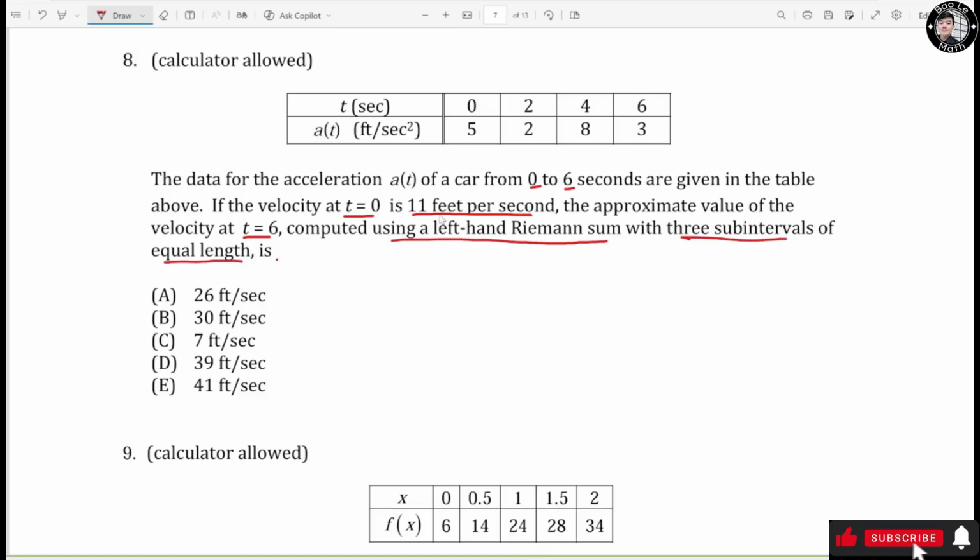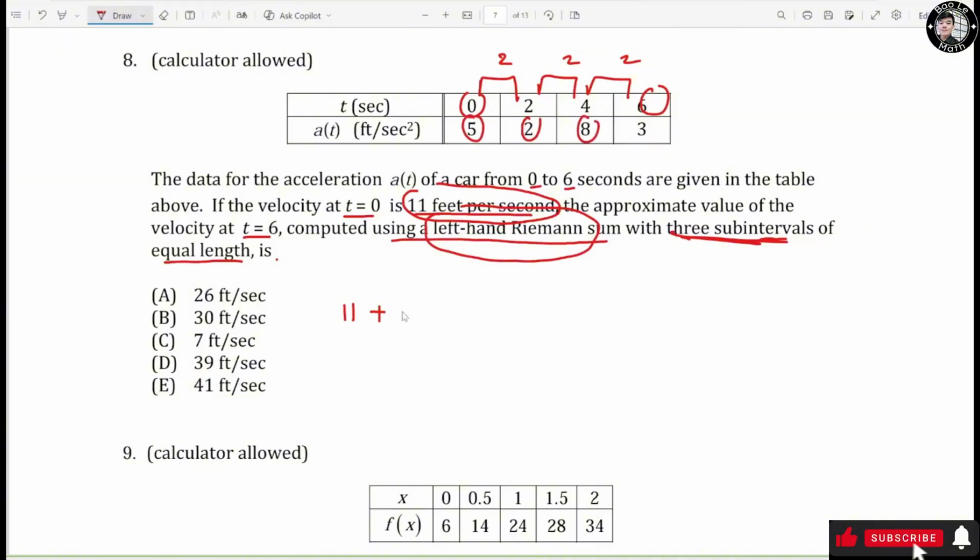Alright, so we're going to use the left-hand Riemann sum, t equals 0 to t equals 6. We start from 11 feet per second, right? So we have 11 plus, now the width right here is 2. This is 2 and this is 2, right? 3 subintervals. Now for the left Riemann sum, you need to pick this one right here, 5, 2, and 8, right?